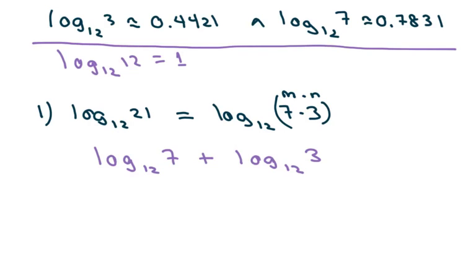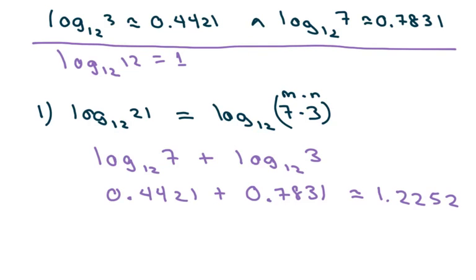Now that we have the information, we substitute: 0.4421 plus 0.7831, and that's going to give you 1.2252. So this exercise is mainly to help you use your properties of logs.